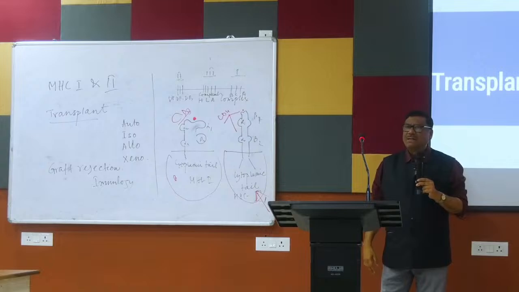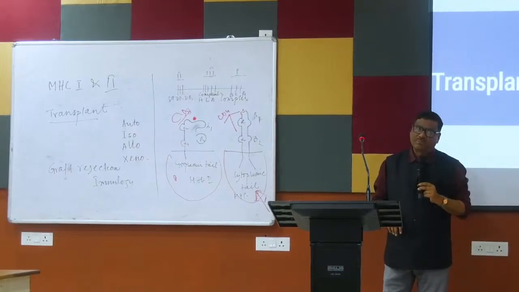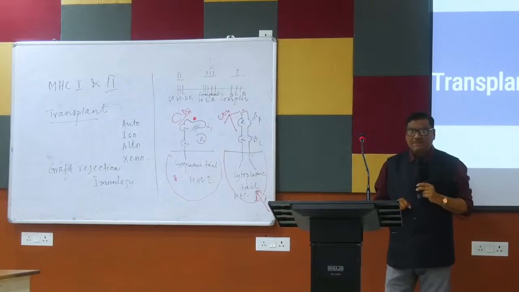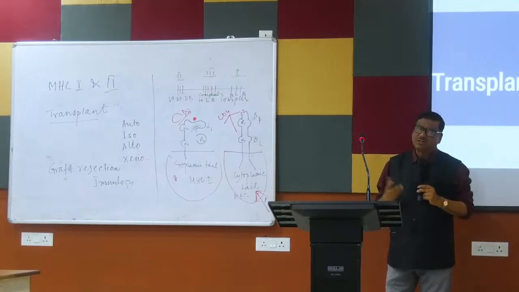Or by a different system, by different drugs, we have to bypass the immune response and give time for the adjustment. That is the key to the success of the response till date. The success is 70%. There is still 30% rejection happening. No 100% success in case of allograft.